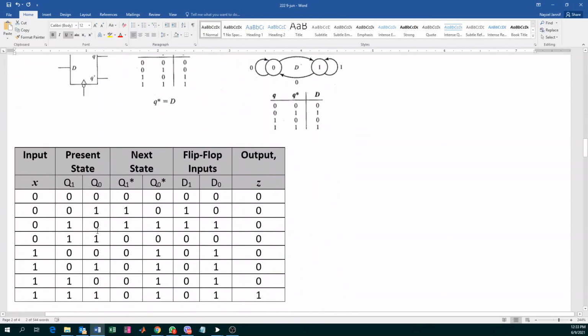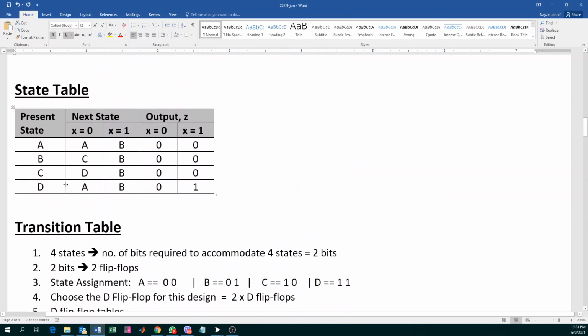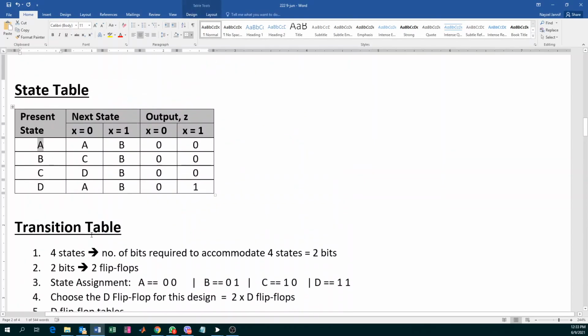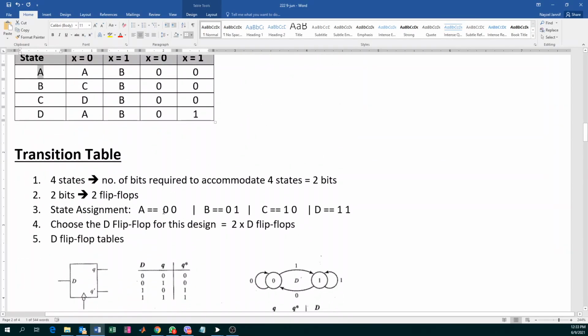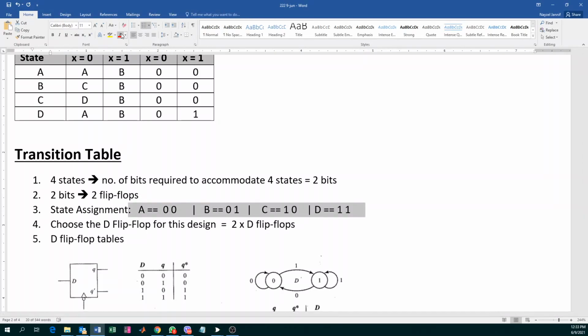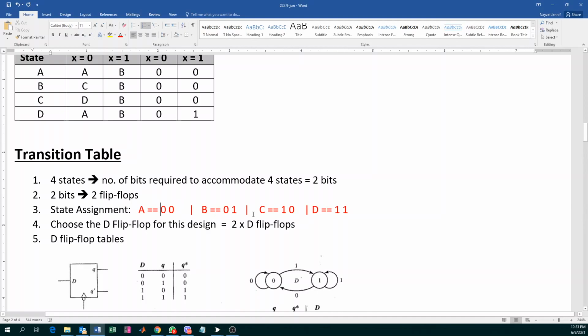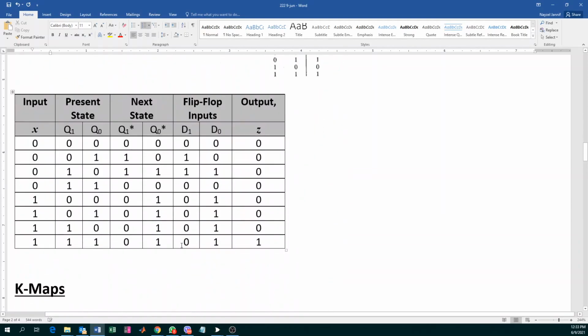From the state table, you go into the transition table, and instead of writing A, B, C, D, we just assigned codes. We said A will be 0 0, B will be 0 1, C will be 1 0, and D will be 1 1. So we just went ahead and did some transitions over there.